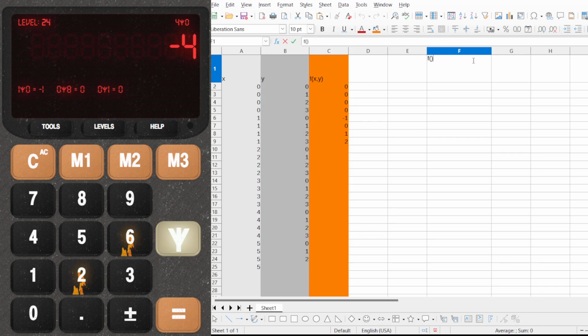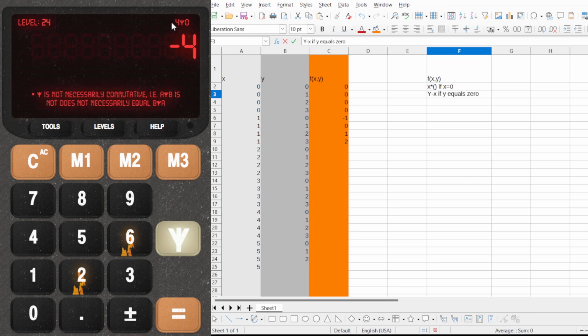Okay, f of x, y. The assumption is that it's x times something if x equals 0, and it is y minus x if y equals 0 maybe. Nah, that doesn't make any sense.